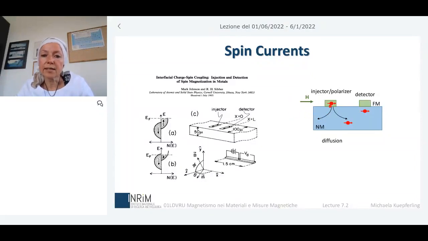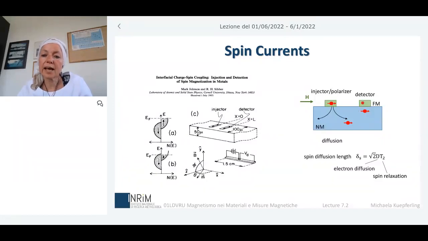Nevertheless, the electrons will diffuse. And some electrons will diffuse also in the opposite direction towards the ferromagnetic detector here. So here you can see the ferromagnetic detector, which will then reveal the presence of a spin current.